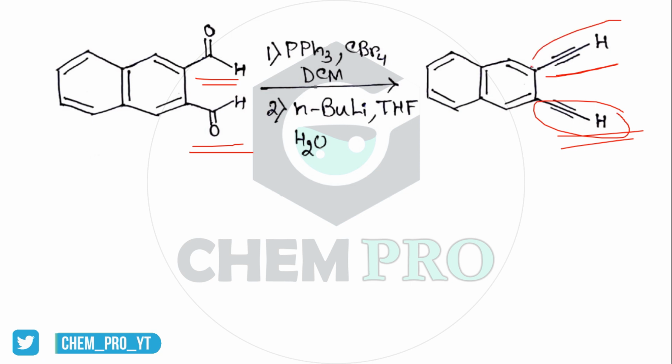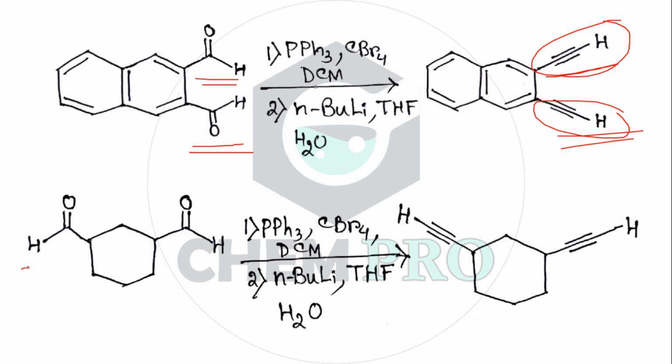Okay, two aldehyde groups will be converted into terminal alkynes, and this is also a dialdehyde, and this reactant will also be converted into terminal alkyne. Both aldehydes will be converted into terminal alkynes.